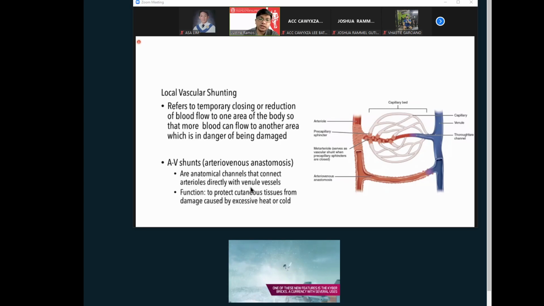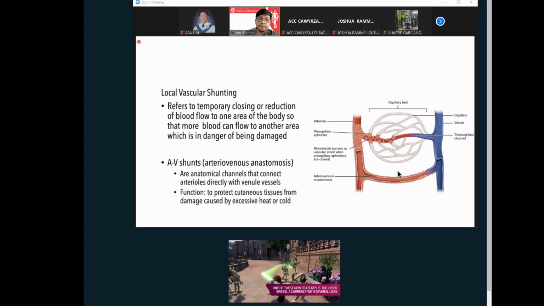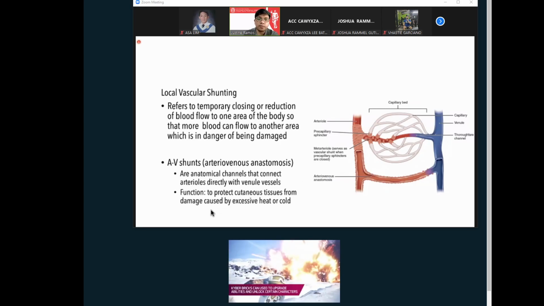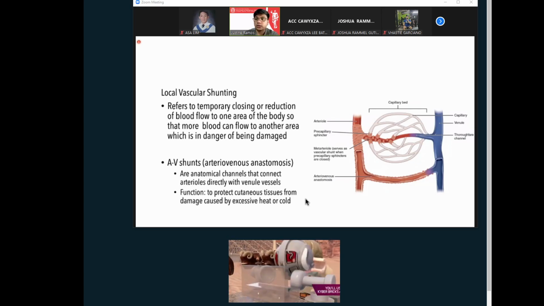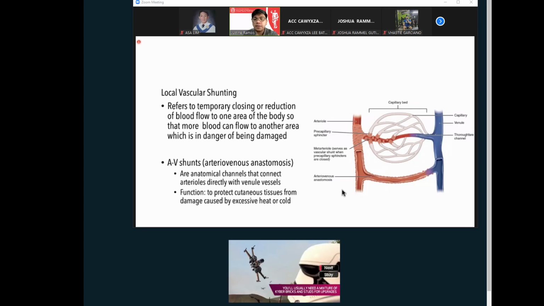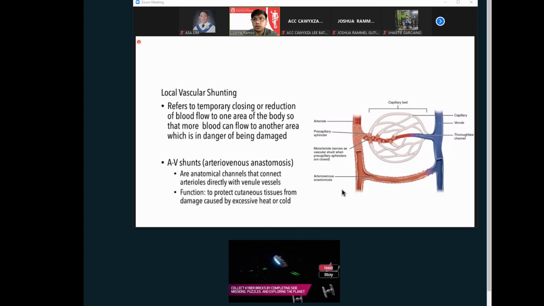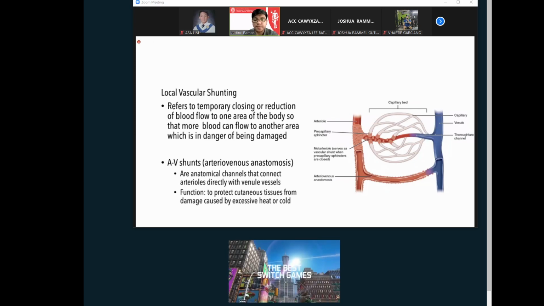So the purpose of these shunts or anastomosis is to protect the cutaneous tissues from damage caused by excessive heat or cold. Okay? So halimbawa, nag-apply ka ng tawag nito ng hot packs or heating packs.